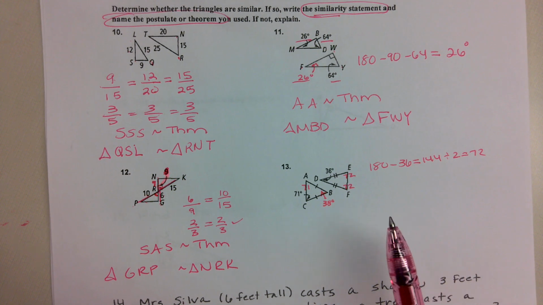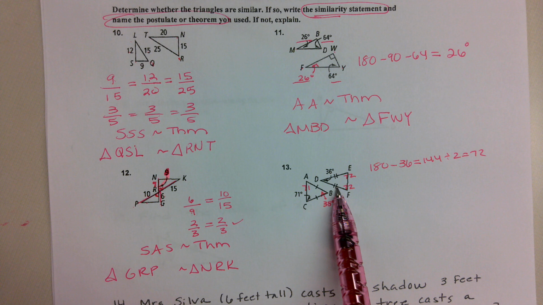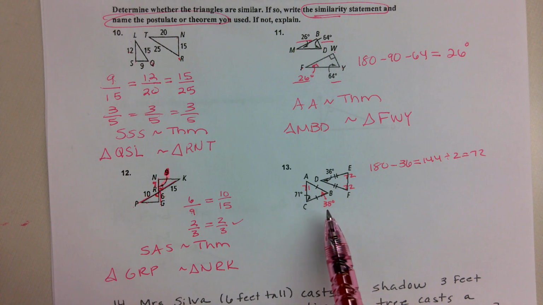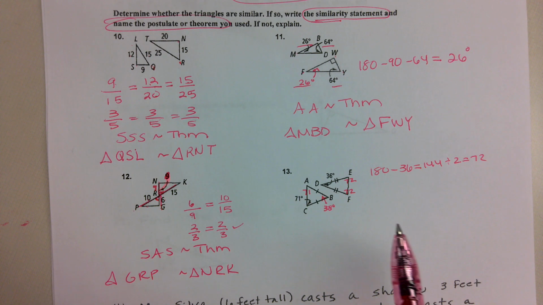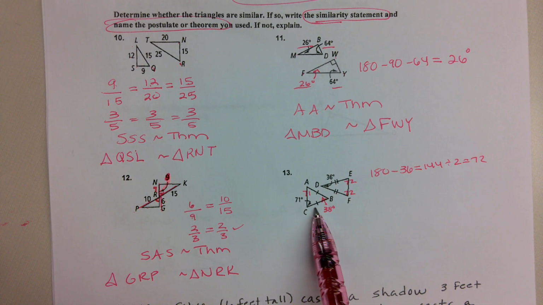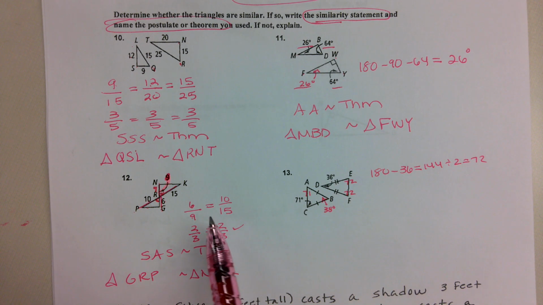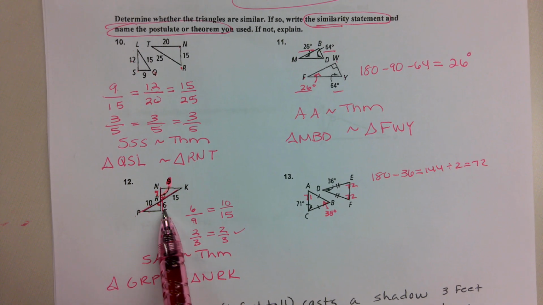But it doesn't even matter, because even though these two sides are equal to each other, it's irrelevant. Because, well, number one, the included angle isn't the same, 38 and 36. But number two, the sides aren't even proportional. The fact that these are equal isn't the same as this is equal to this and this is equal to this. Remember, SAS means you have proportional sides between them.